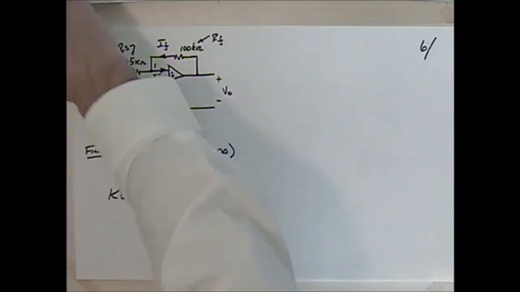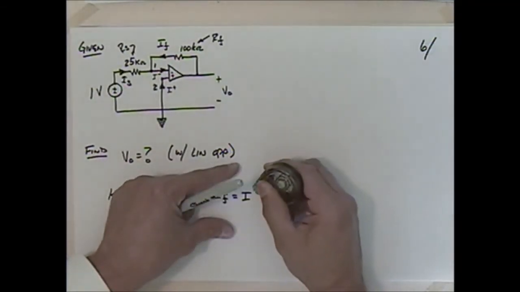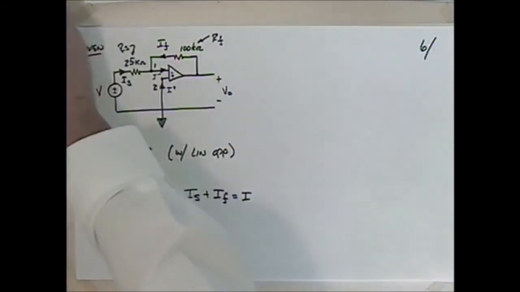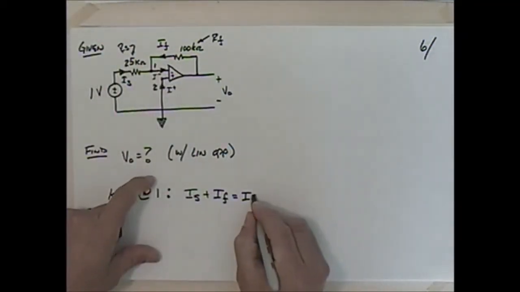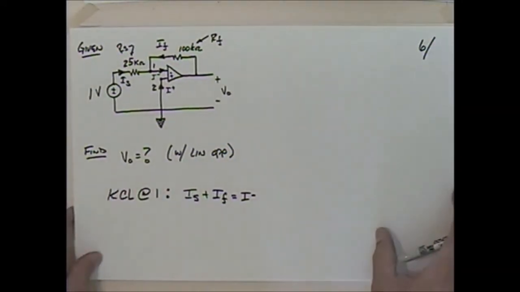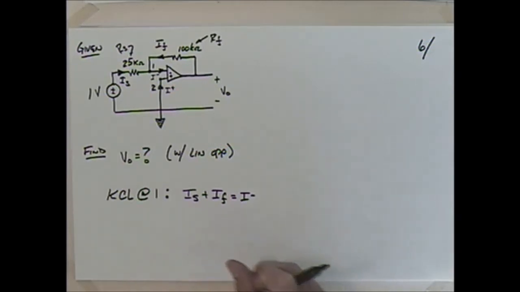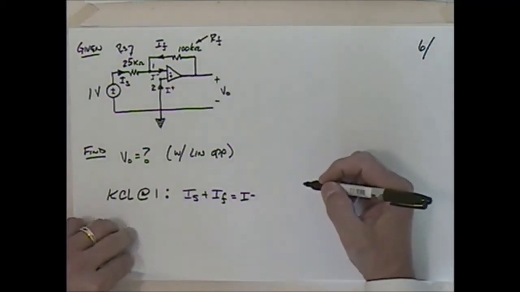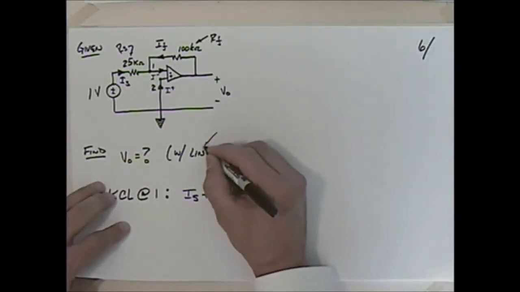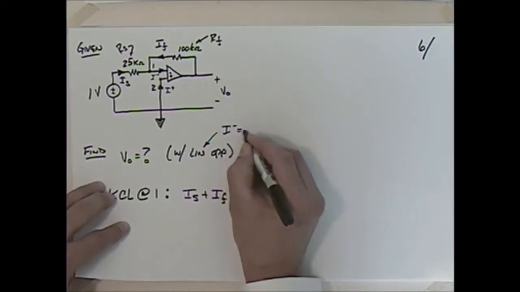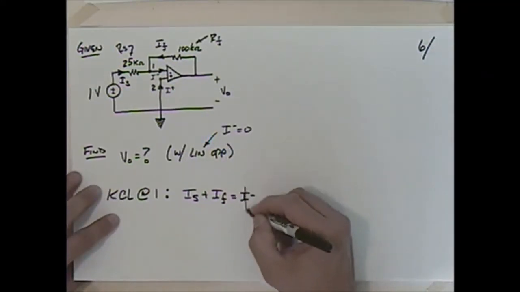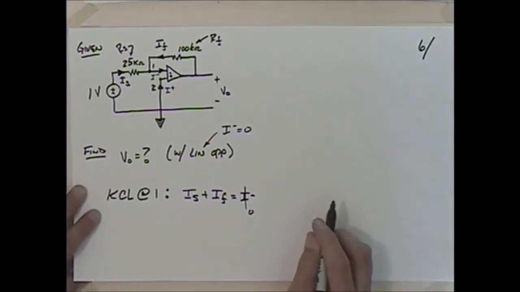That's I prime, not I minus. Let's get I minus. There we go, I minus. So with that, if I assume linear operation, what can I say about I minus? I minus has to be equal to 0. So that's 0. That's good.